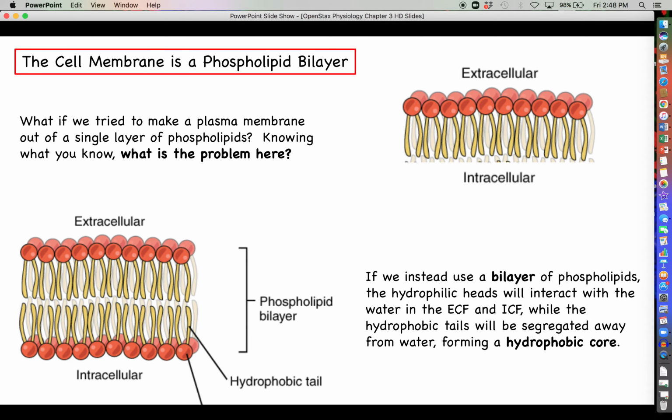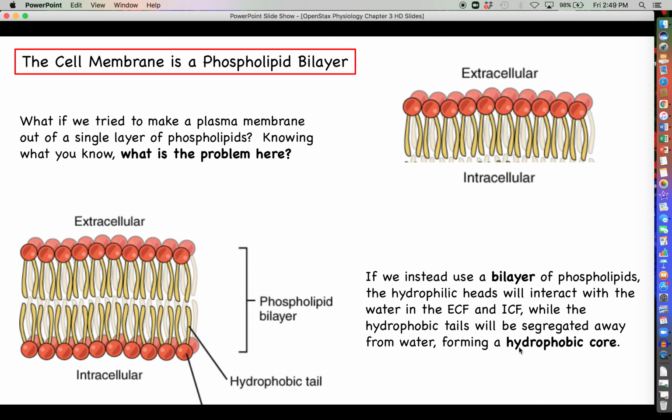Meanwhile, those hydrophobic tails point inwards towards each other, and you do not find any water at the middle of what we'll call this phospholipid sandwich. Water out here, water down here, but no water here in what we call the hydrophobic core.